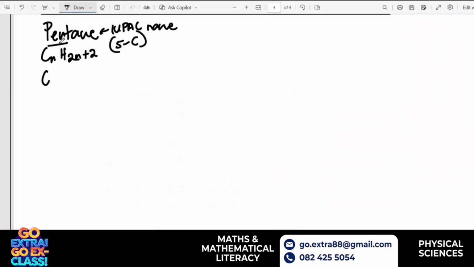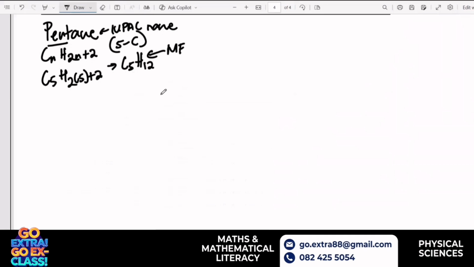So how many carbons in pentane? There's 5. That means we're going to say C5, H, and where there's n, you put 5 again, in brackets, plus 2. Now, when we simplify this, it's going to be C5H12. So this is the molecular formula.